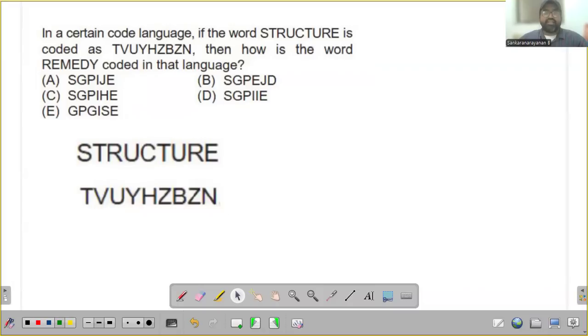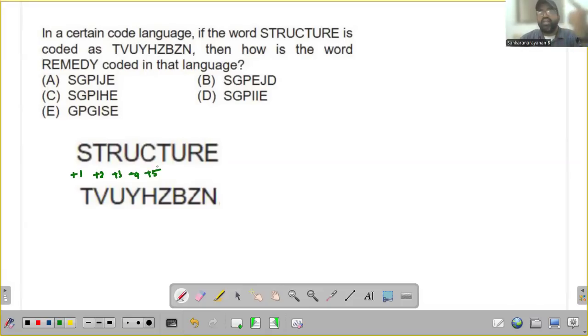Okay. S plus 1, T. T, UV, plus 2. R plus 3, STU. U plus 4, VWXY. So the logic is plus 1, plus 2, plus 3, plus 4, and so on and so forth. It is C plus 5.